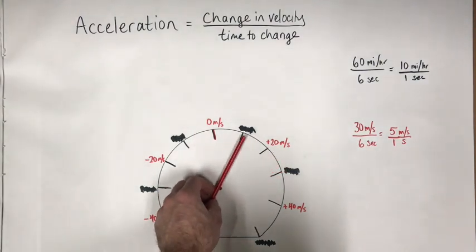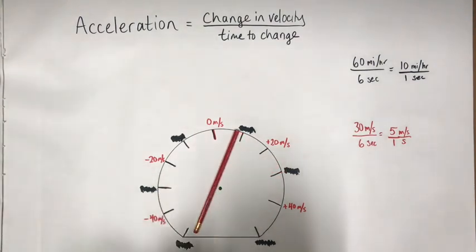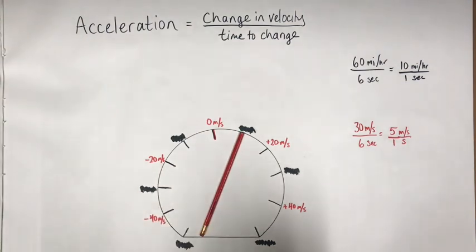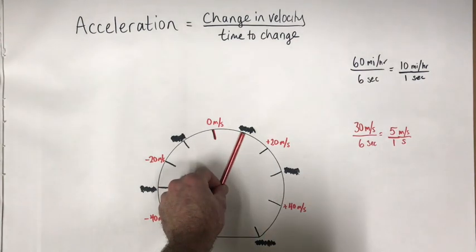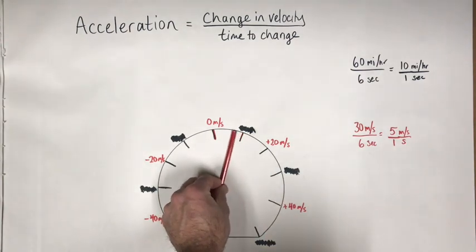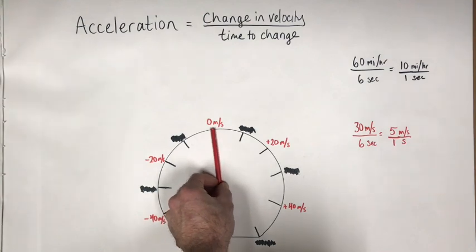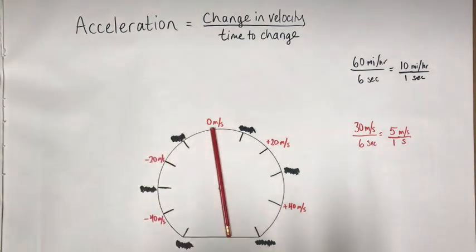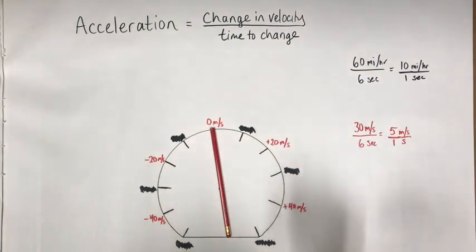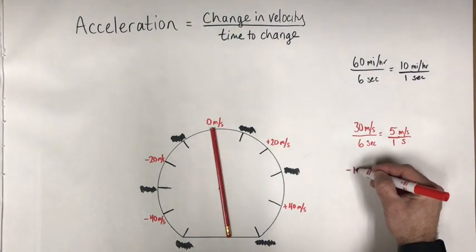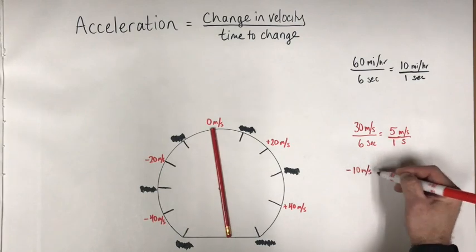So a car could be moving along here at 10 meters per second, like we had, but maybe it hits the brakes and the speedometer or velocirometer does this: 1 1000, 2 1000, and stops. In that case, it would have changed its velocity from 10 down to 0. That is a loss of 10 meters per second.